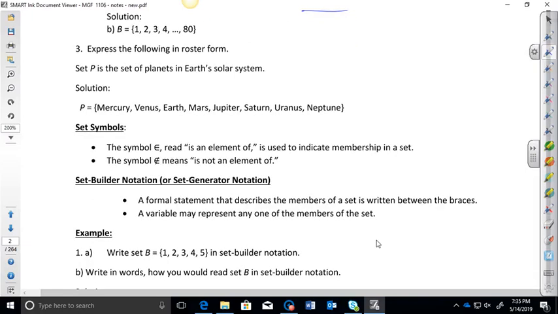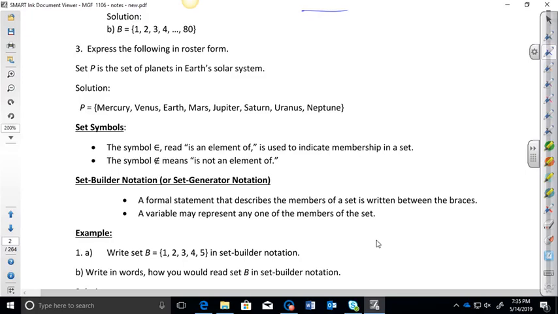Okay, so 3 ways to represent a set: roster form, set builder notation, then description. The next thing is element of. This symbol, ∈, says it's an element of. It's a member of or element of that set.